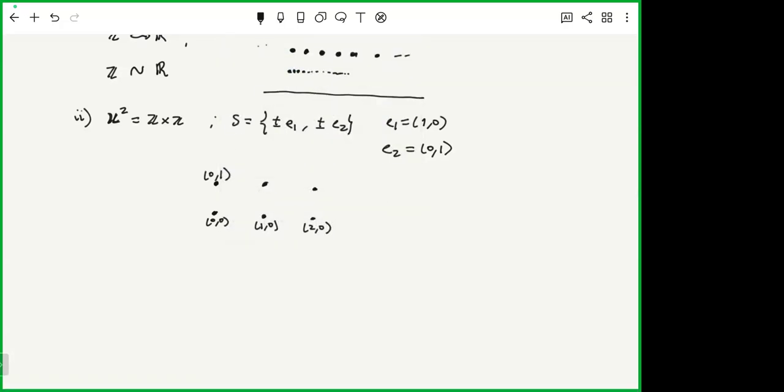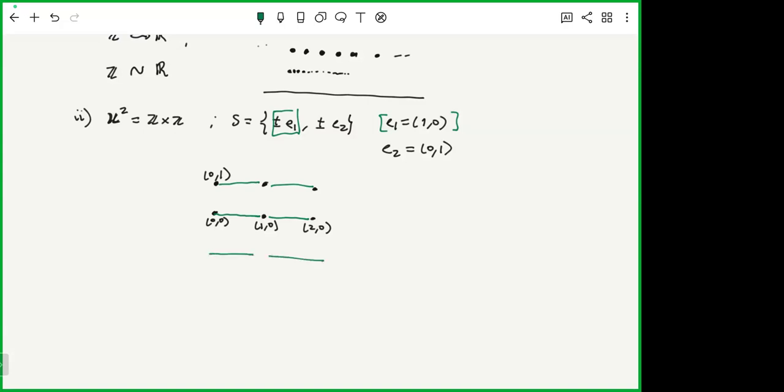What if I use this generator, E1? By using this generator, I can join every pair of horizontally consecutive points, something like this.